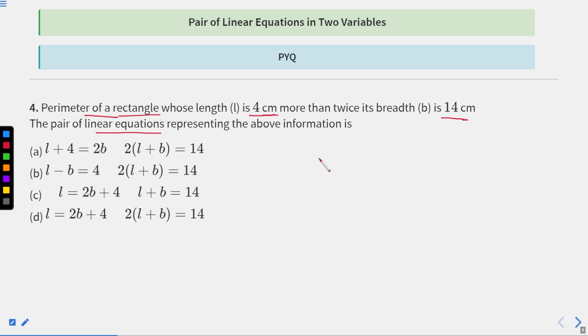So we'll get L = 2B + 4, and we know the perimeter is 14 centimeter. The perimeter of a rectangle is 2 times (length plus breadth), so 2(L + B) = 14.